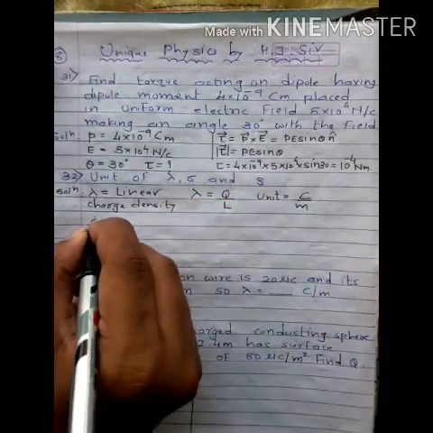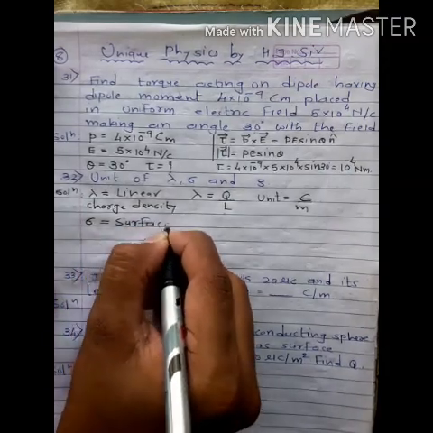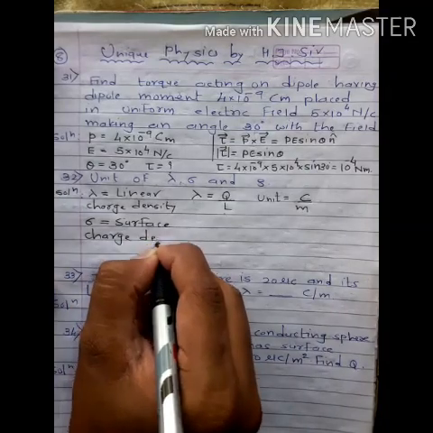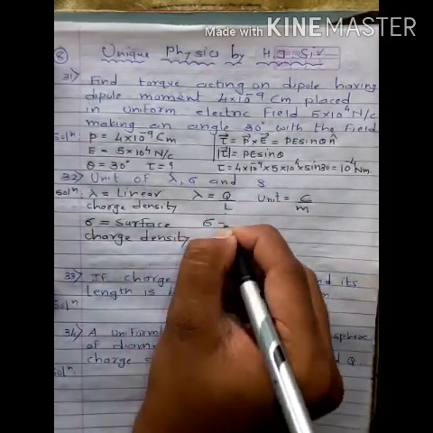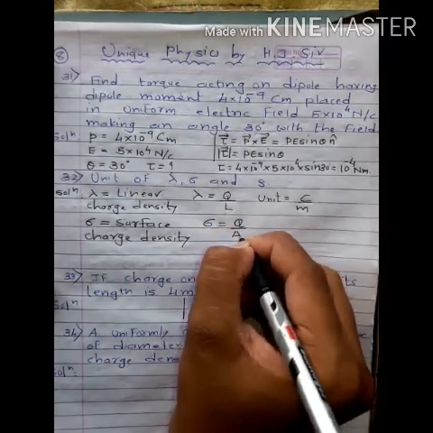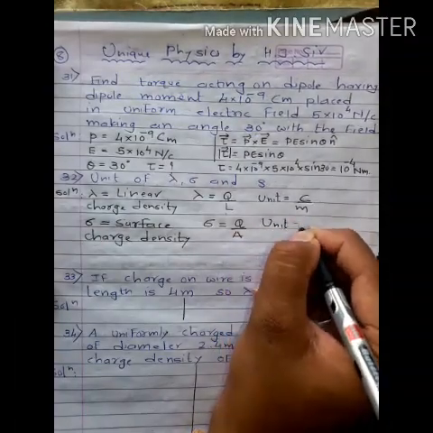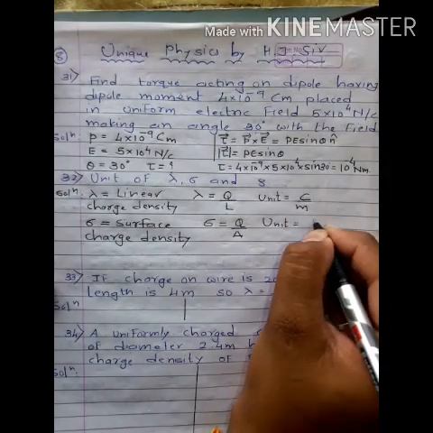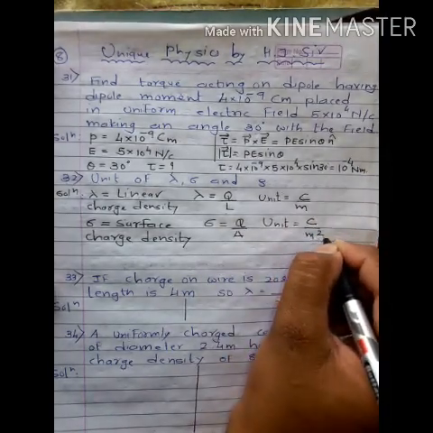Similarly, another symbol, this symbol represents surface charge density. Now remember its equation. Surface charge density sigma is equals to q upon A, charge per unit area. So using this equation we can find its unit. Charge, unit of charge is coulomb, upon area, unit of area is meter square.